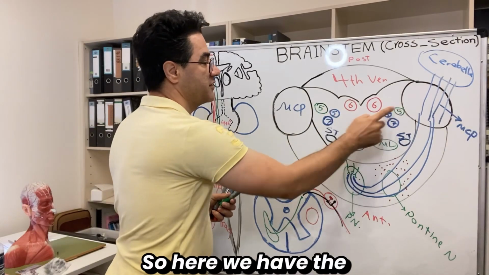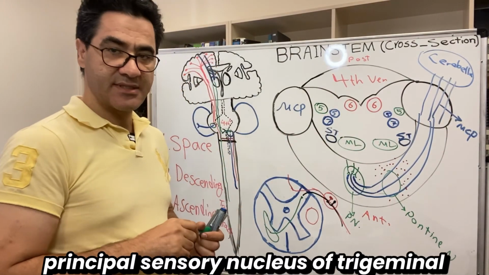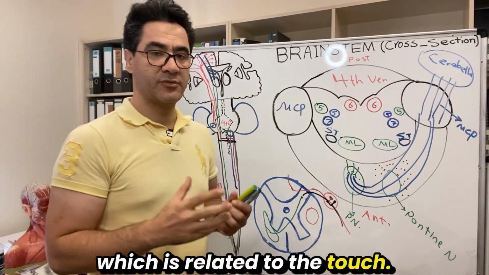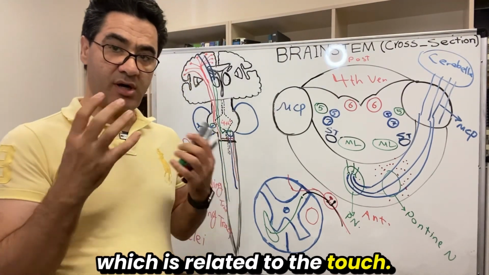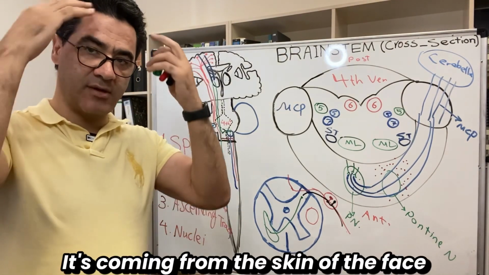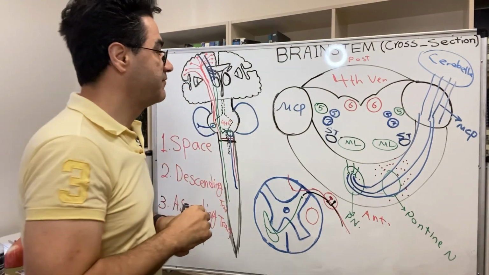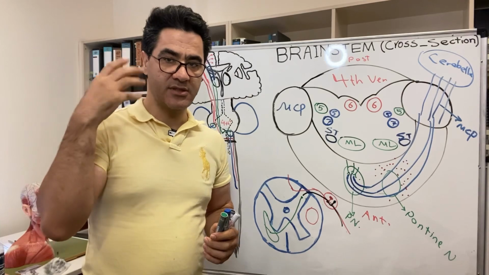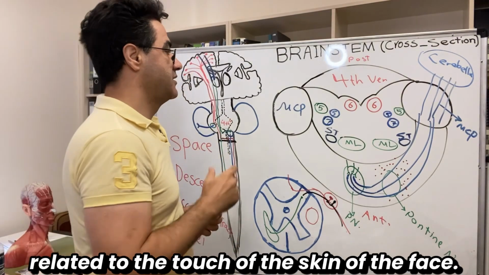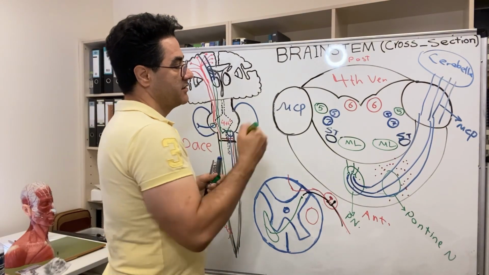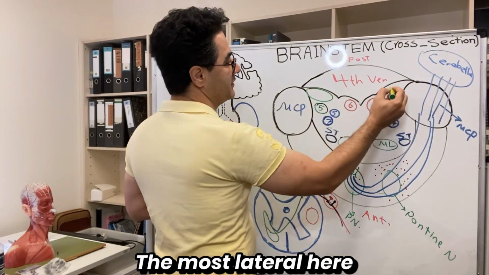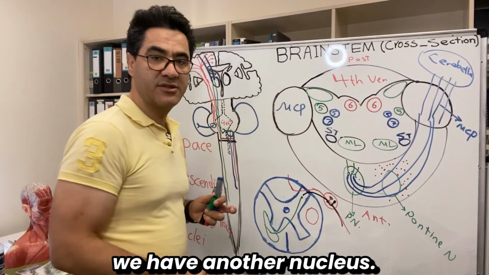So here we have the principal sensory nucleus of trigeminal, which is related to touch. It's coming from the skin of the face, carrying the specific sensory information related to the touch of the skin of the face.